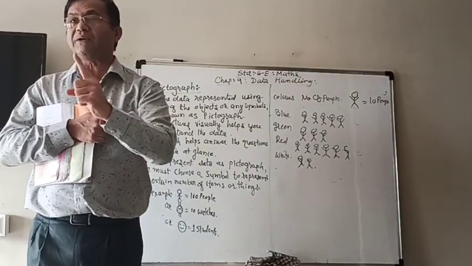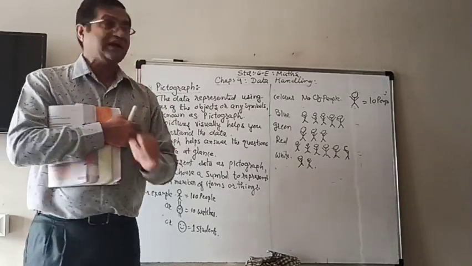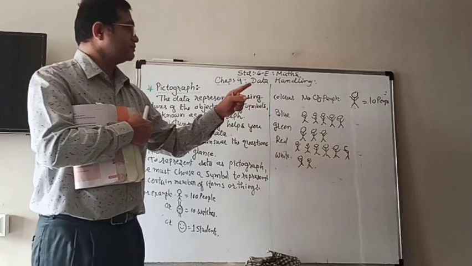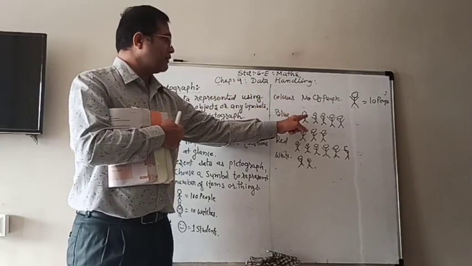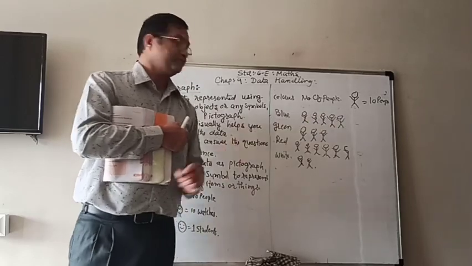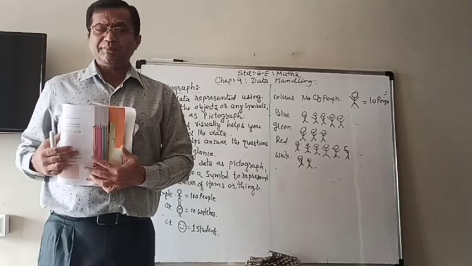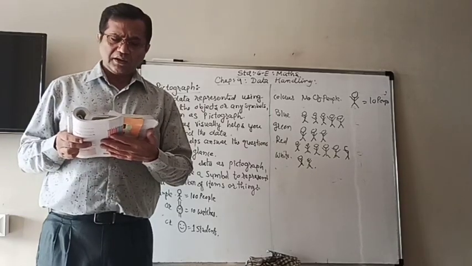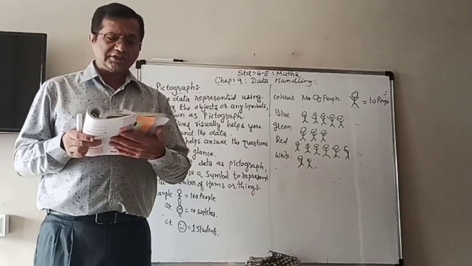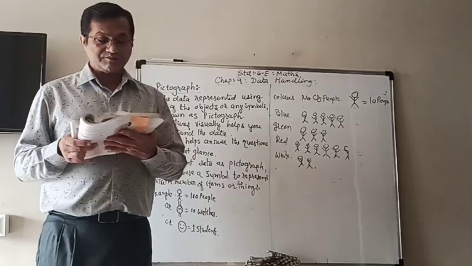But 1 is equal to how many people? 10 people. It means that the number of people will be 10, 20, 30, 40 and 50. 5 tens are 50. It means that 50 people preferred blue color.